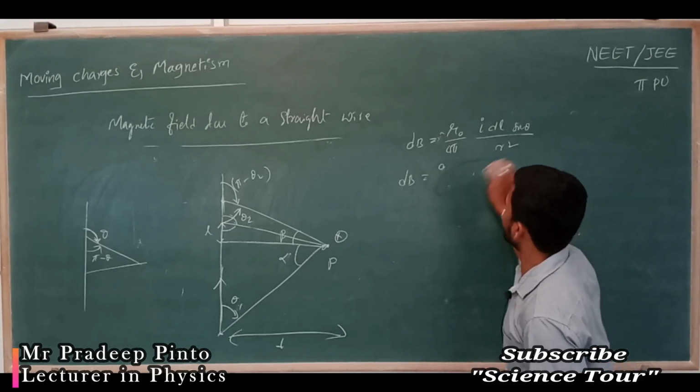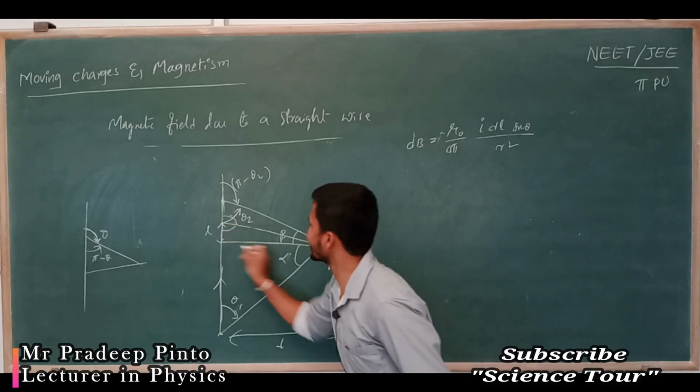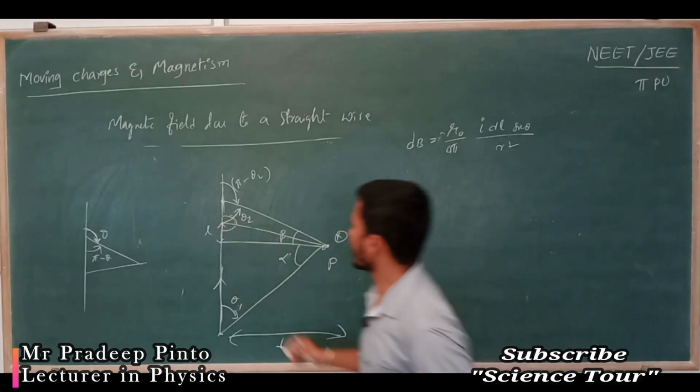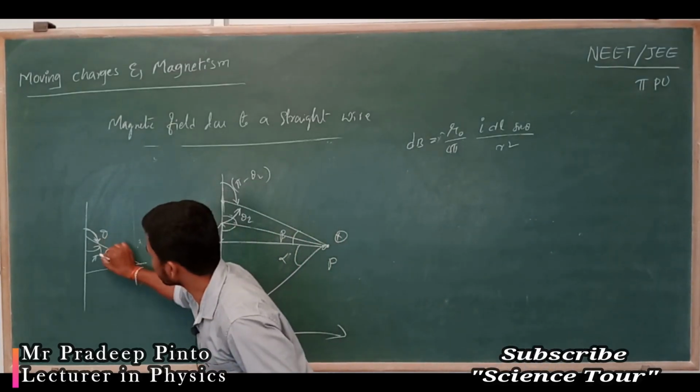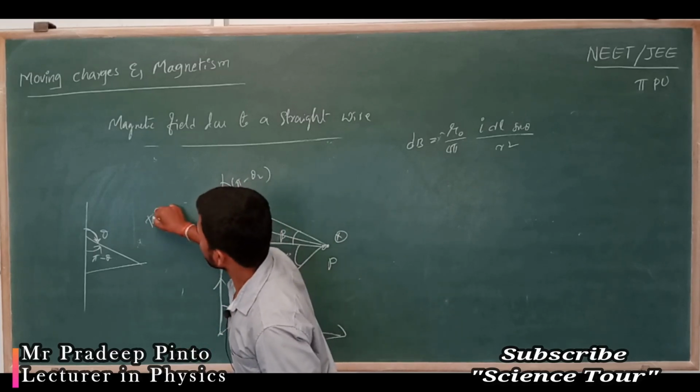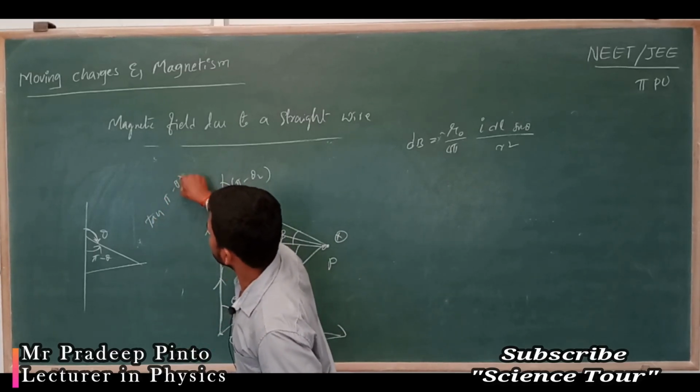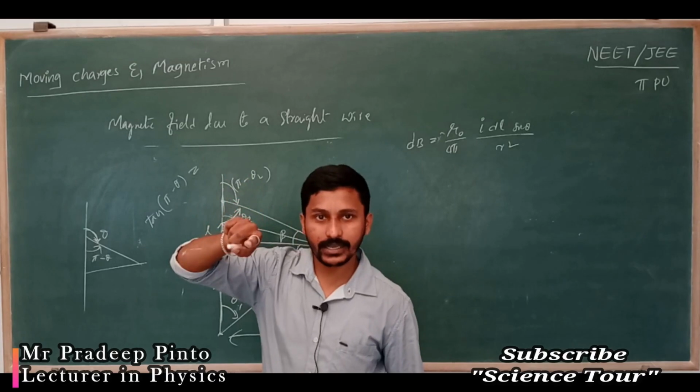Before that, we take this triangle. From this triangle, this is theta, this is pi minus theta. Tan of pi minus theta is opposite by adjacent.